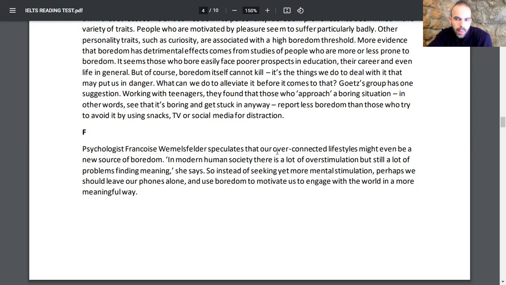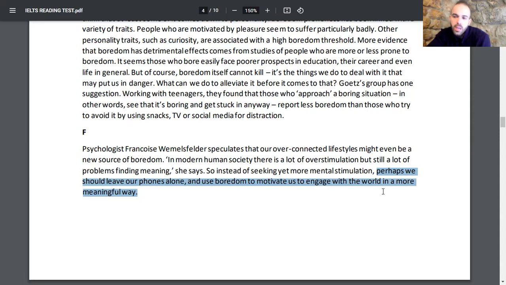Okay, and he said in modern human society, there's a lot of other stimulation, but still a lot of problems finding meaning. And if you continue reading, the last sentence says, perhaps we should leave our friends alone and use boredom to motivate us to engage with the world in a more meaningful way.